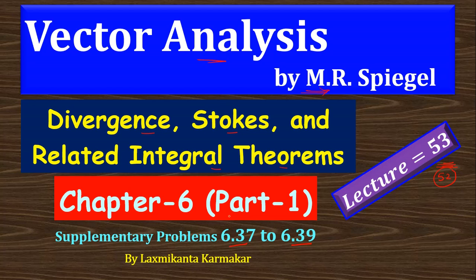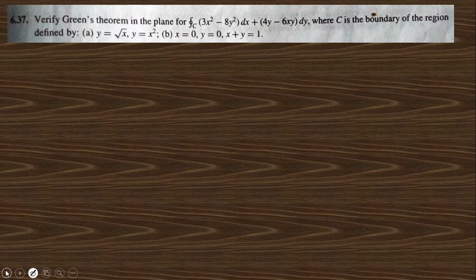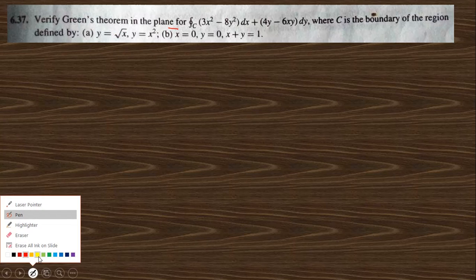So let's start with question 6.37, which says verify Green's theorem in the plane. This is the contour integral, where C is the boundary of the region defined by this. This is a two-part question. You must know Green's theorem.